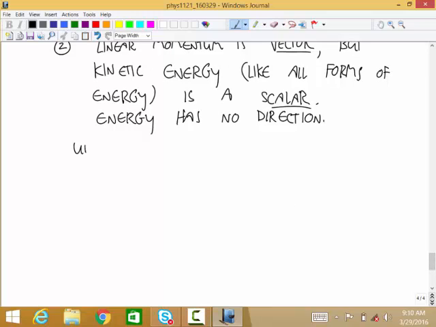And units for energy. Any form of energy has units of mass times length squared over time squared.